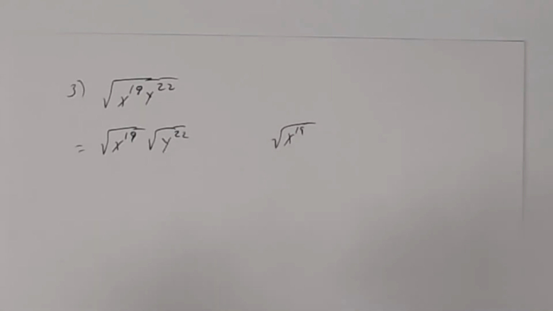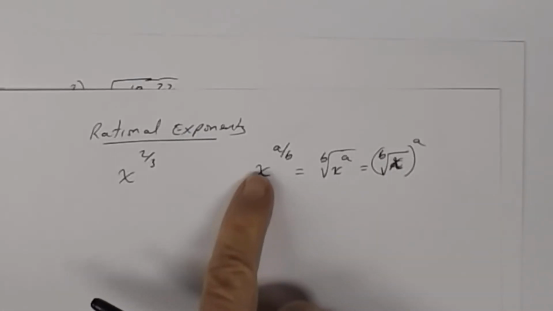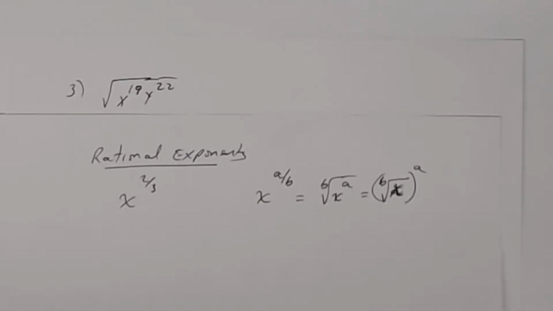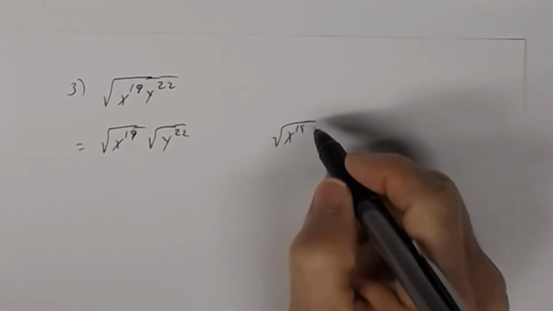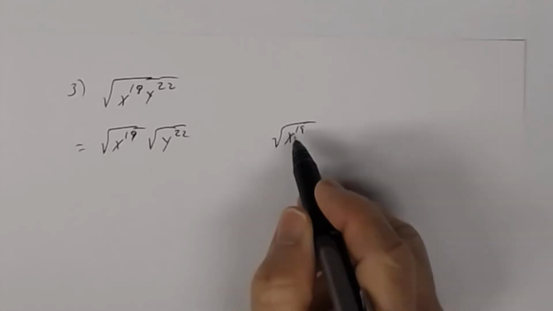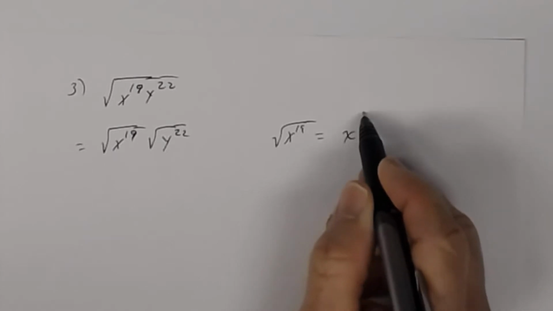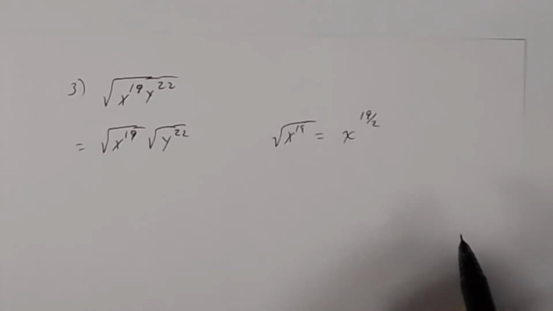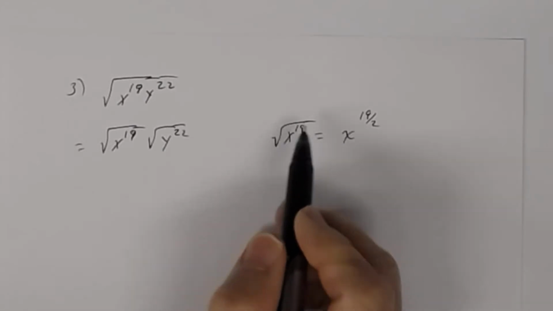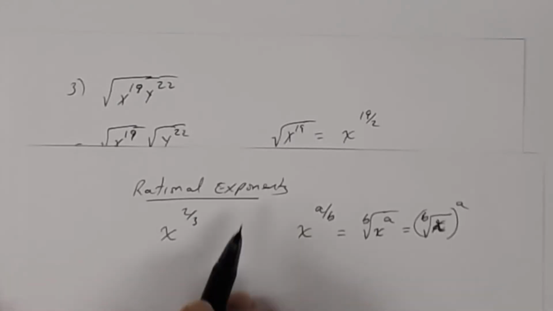So remember this property, the rational exponent rule. x to the a divided by b. You all know that this means the same thing as x to the 19 divided by 2, right? Just using the exponent divided by the index.